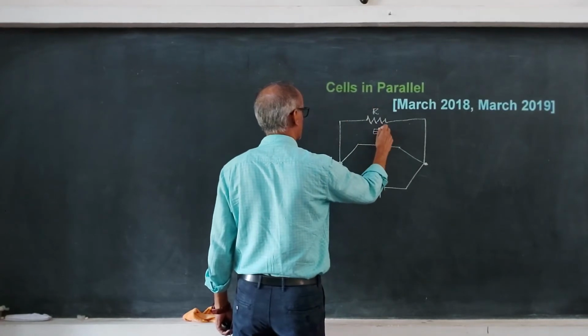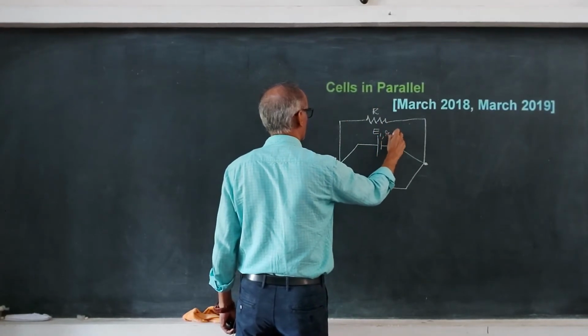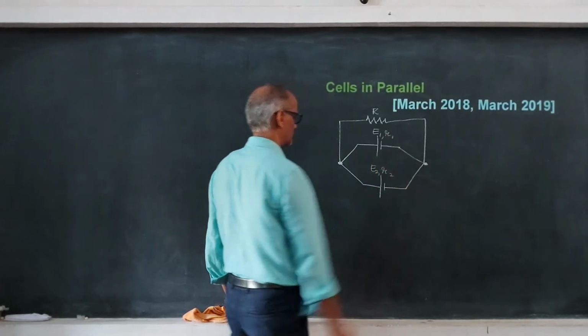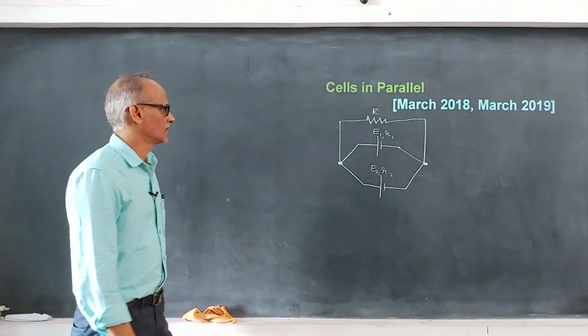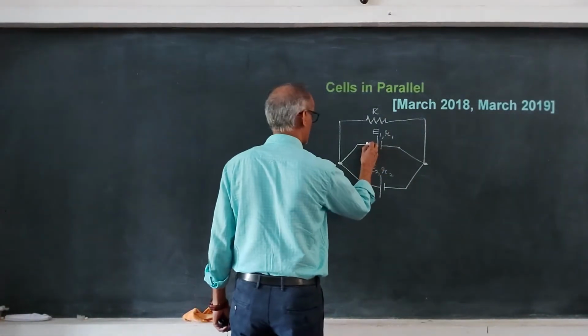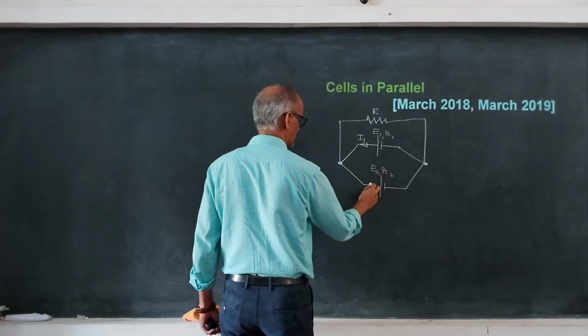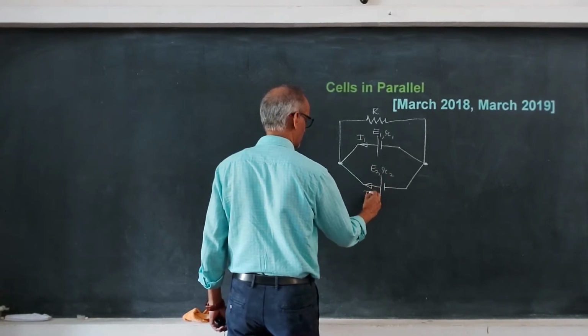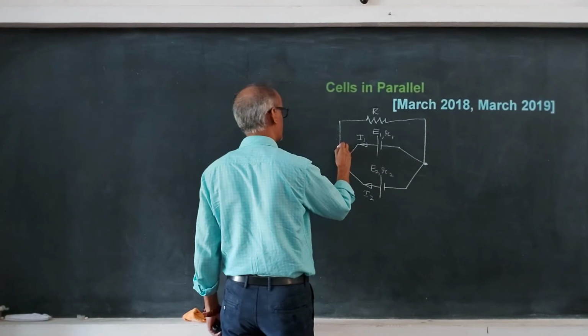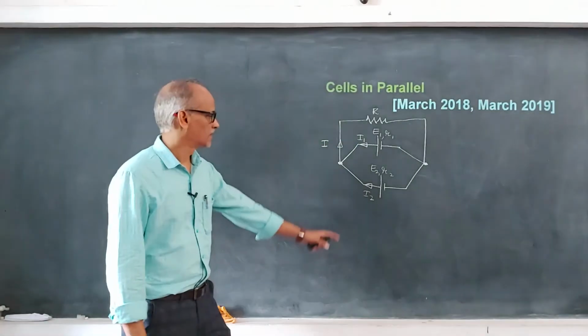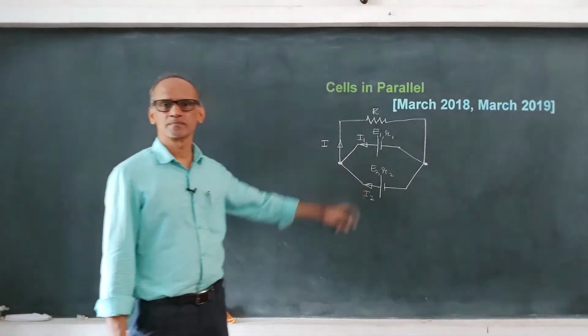So, first cell E1 and R1, E2 and R2. Now, the first cell sends a current I1, the second cell sends a current I2, and these two currents will get added up to become the main current. So these are branch currents.